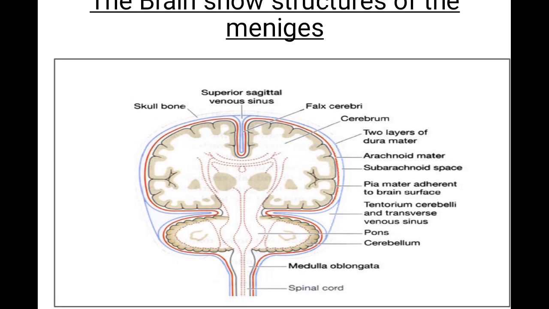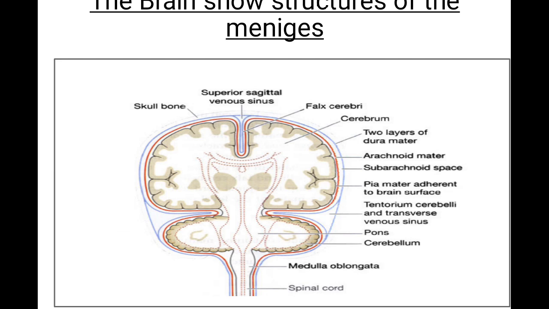So the brain showing structures of the meninges. Here I've got the skull bone, the superior sagittal venous sinus, the falx cerebri, the cerebrum, two layers of the dura mater, the arachnoid mater, the subarachnoid space, and the pia mater adherent to the brain.